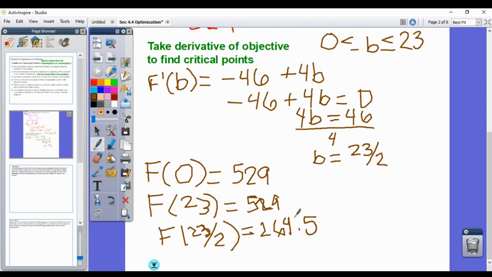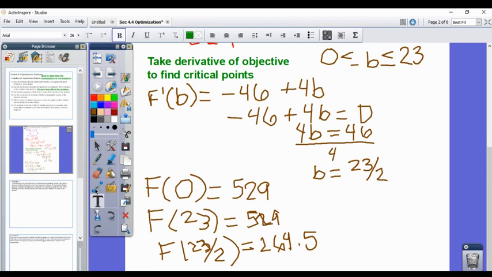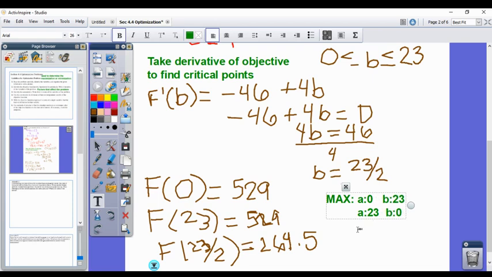Okay, so what this is telling me is my max occurs when a equals 0 and b is 23, or kind of the opposite of that, when a is 23 and b is 0. So that's my maximization. My minimization is when a and b are both 23 over 2.